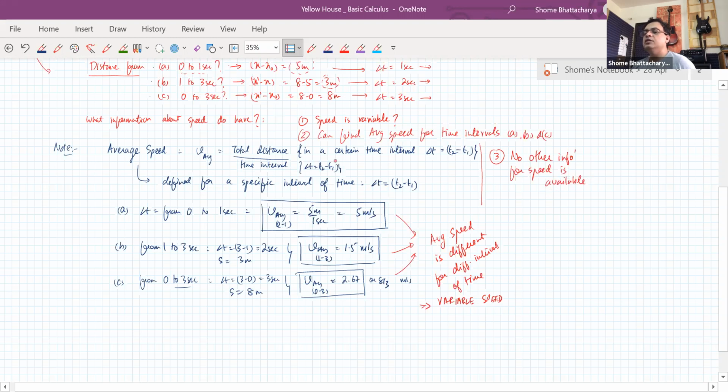From what I have given in the question above, these are the only things that we can say about speed: what is the average speed in the interval A, what is the average speed in B, and what is in C. Because they happen to be different, we can conclude the first point, that the speed is variable. But if I ask any other information about speed, like what is the average speed for some other interval of time, like 1 to 2 seconds, or 2 to 3 seconds, or 0 to 2 seconds, I have no information. Okay. And I have not even come to the point of instantaneous speed yet. We are coming to that point next.